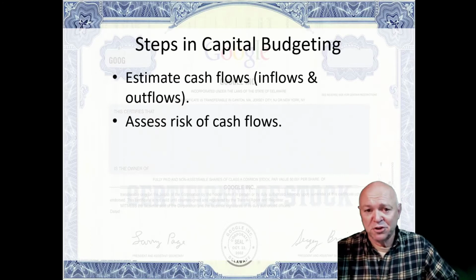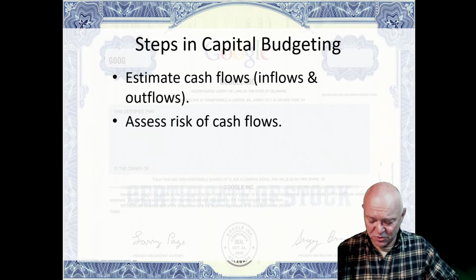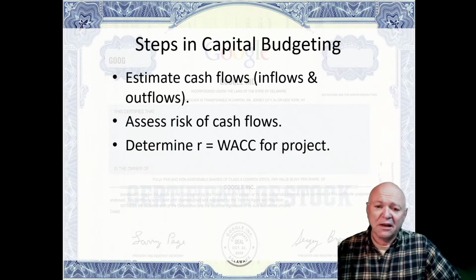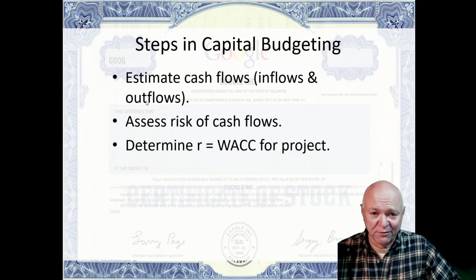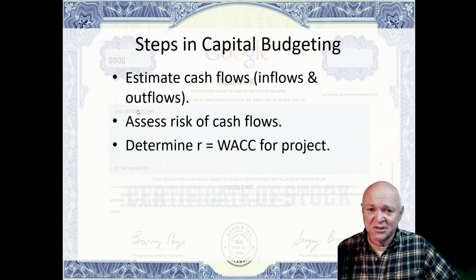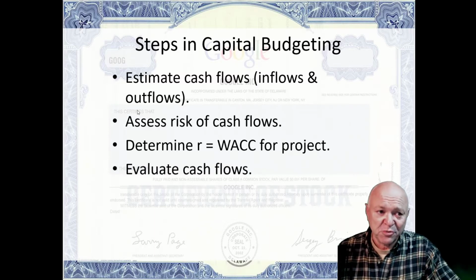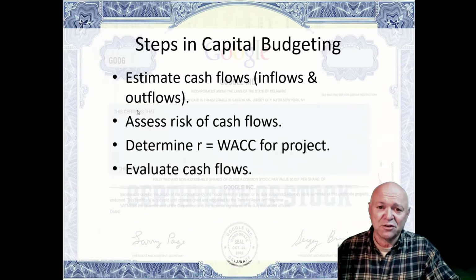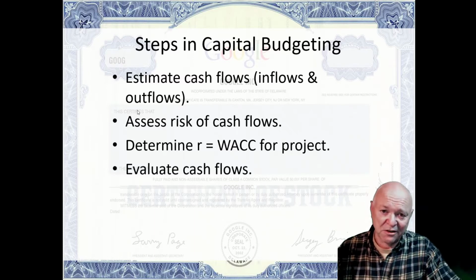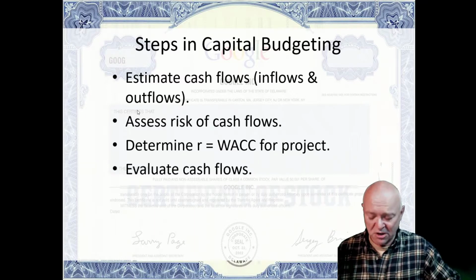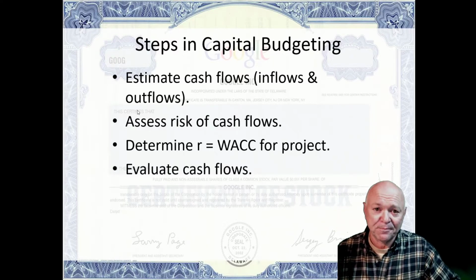You need to be able to determine what the riskiness of those new cash flows is going to be, and of course be able to estimate the weighted average cost of capital, the discount rate for that particular project. With this information, we can then evaluate the cash flows to determine what the net present value or the effective rate of return is going to be on that particular project.